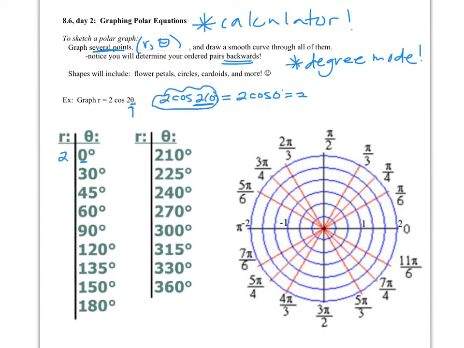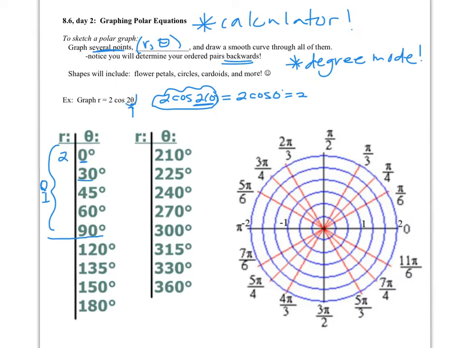Once you get the hang of it, this should go pretty quickly. Let's determine all the values up to 90 degrees. So this would all be quadrant 1. If you get a decimal, we'll round it to the nearest tenth. Plug in 30 degrees.